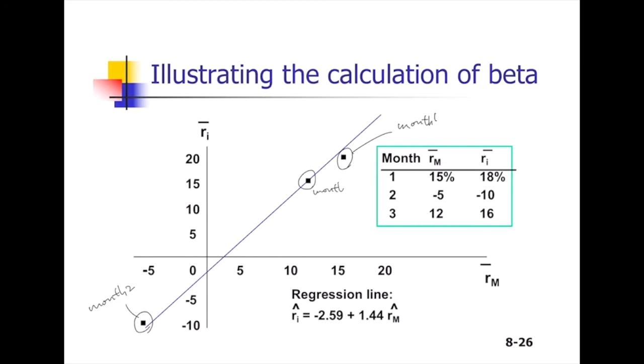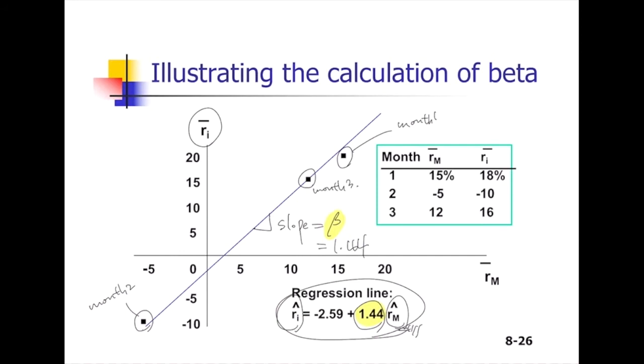In OLS, when you regress this equation, beta can be calculated this way. The covariance of Rm and Ri is the numerator, and the denominator is the variance of Rm. We can write this as rho Rm,Ri times sigma Rm times sigma Ri, over the variance of Rm.